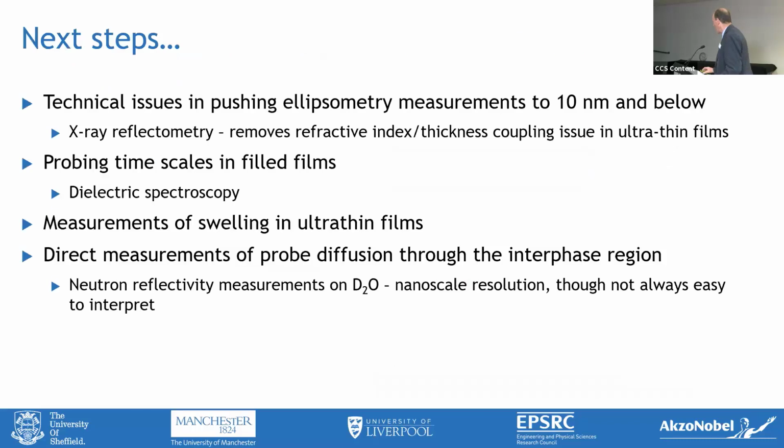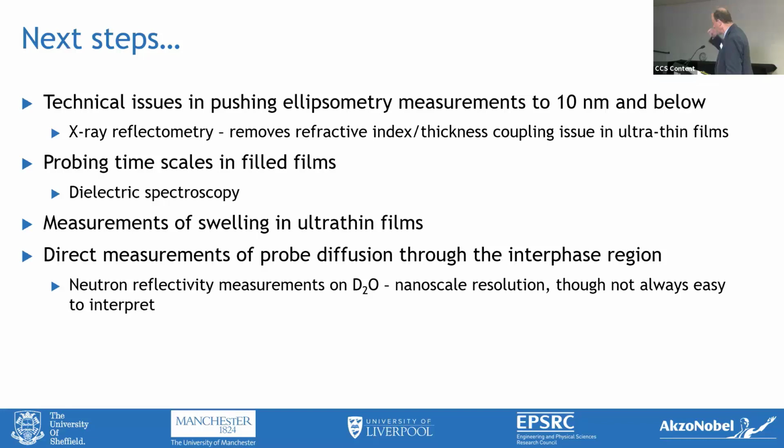Okay, so where are we going with this? I think Stephanie's done a fantastic job in showing how far you can push this technique. And I come back to this idea, just to stress: how on earth does it work at all, to do an optical technique down at sub-angstrom levels of resolution? We can get around this by using X-ray reflectivity as our thickness measurement, because X-rays are shorter in wavelength than light, so we have more hope.